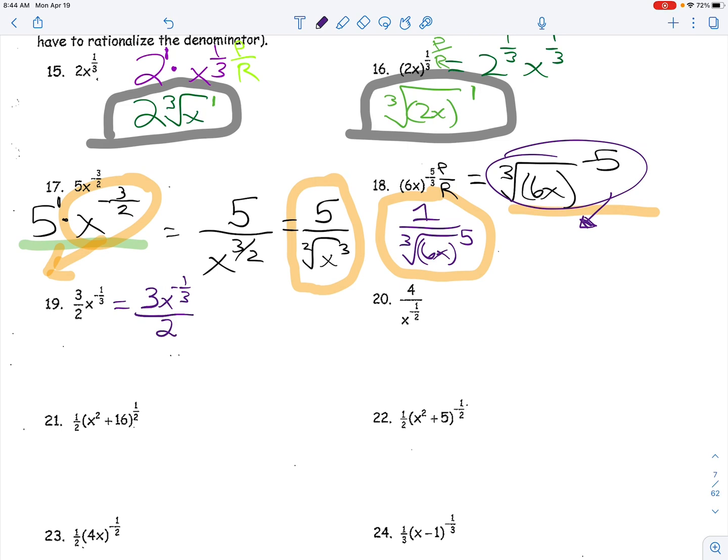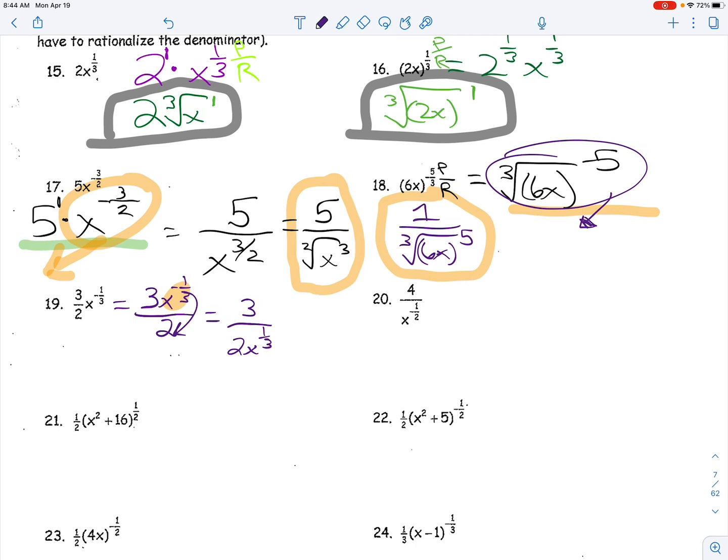And now, let's go ahead and make that a positive exponent. Move it to the denominator. And that's going to be 3 over 2x to the 1/3 power, right? We'll change the sign of the exponent, changing the location.